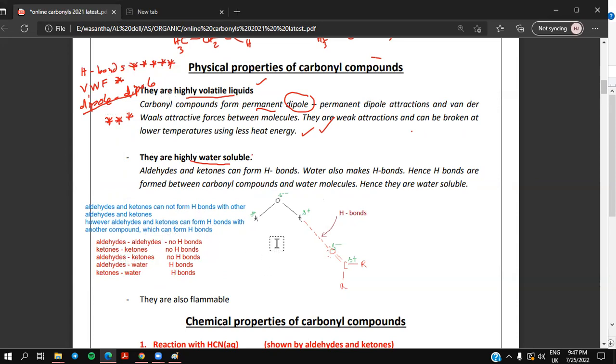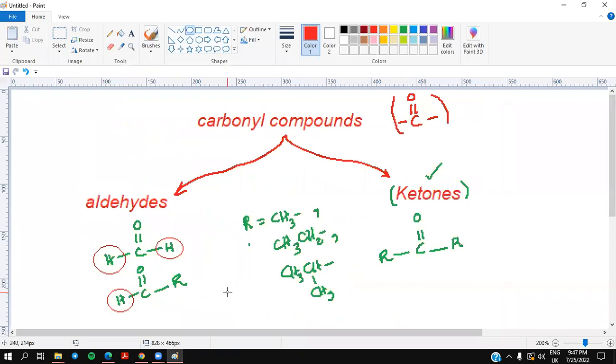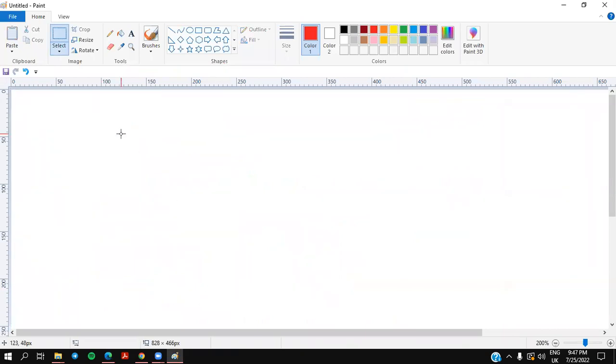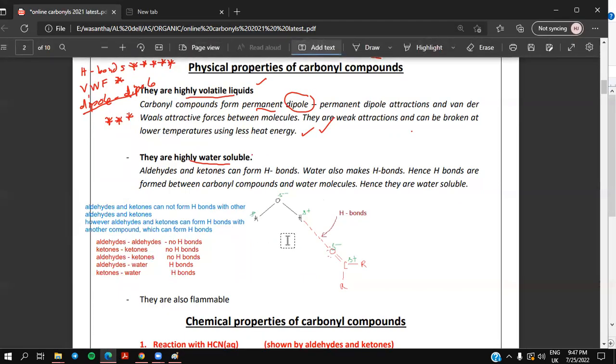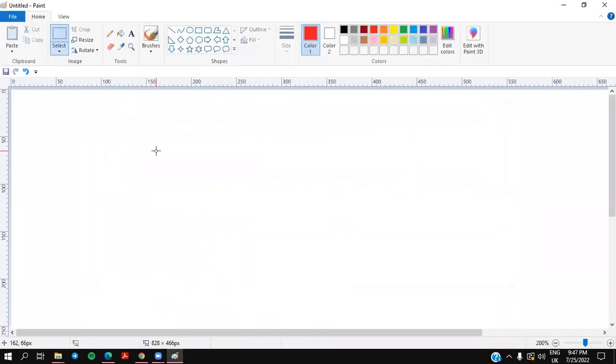Rather than the hydrogen bond formation between water molecules and aldehydes given here, I think it's better if I draw the hydrogen bond formation for the compound given in our tute, maybe a ketone. So I'll write how aldehydes and ketones can form hydrogen bonds with water molecules.